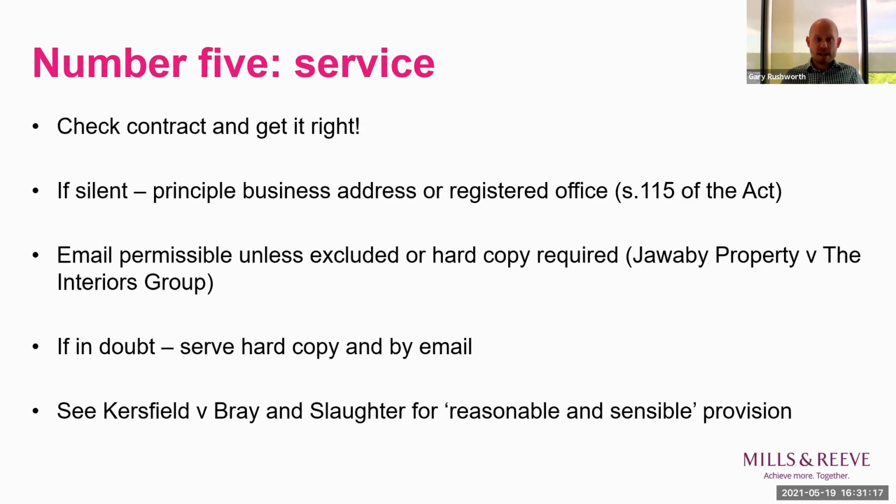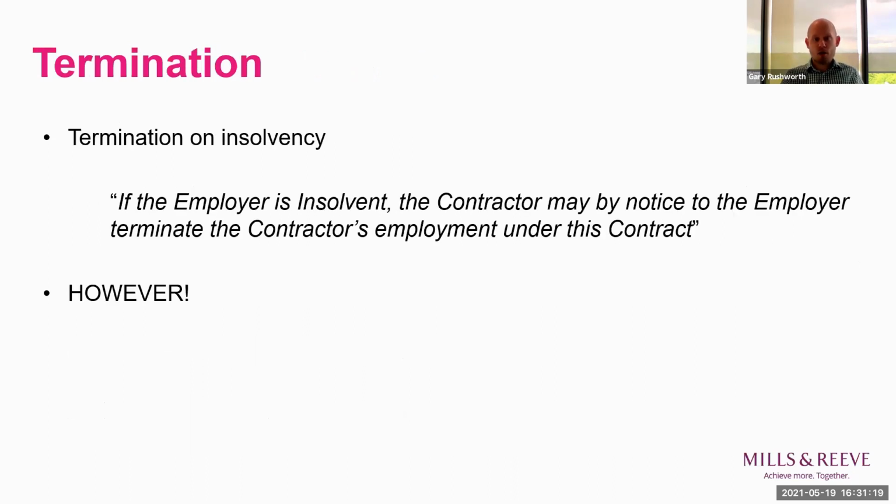Now, before I hand over to Neil, as I mentioned at the beginning, one of the things that Neil's going to look at is termination on insolvency in the light of a new-ish piece of legislation referred to as SEGA. And just to put that into context, most forms of construction contract include a right of termination for either party if the other party goes insolvent. So, for example, clause 8.10 of the D&B provides that if the employer is insolvent, the contractor can terminate at any time by notice.